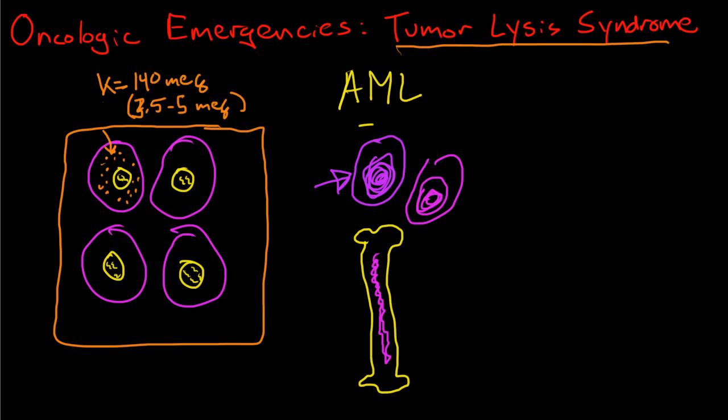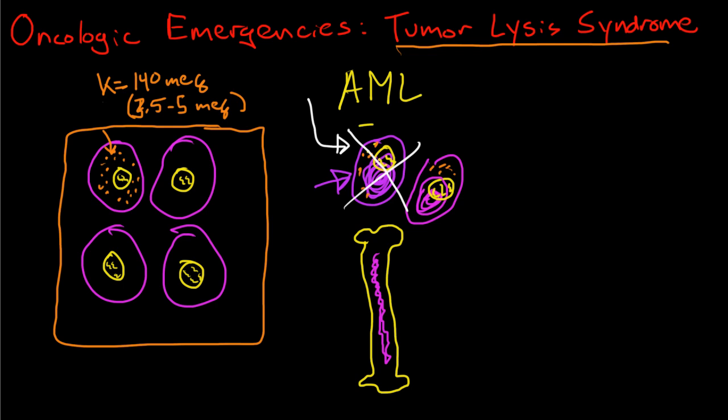And these leukemic cells, again, what do they have inside them? A large amount of DNA inside the nucleus, and just like every other cell in the body, high concentrations of potassium, right? So what happens is we give them chemotherapy, right? And what does chemotherapy do? It destroys rapidly dividing cells.